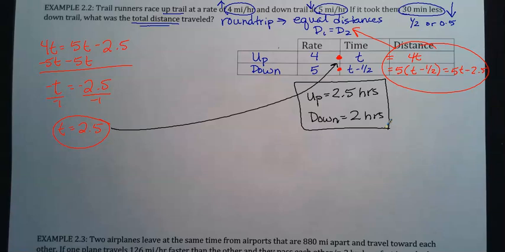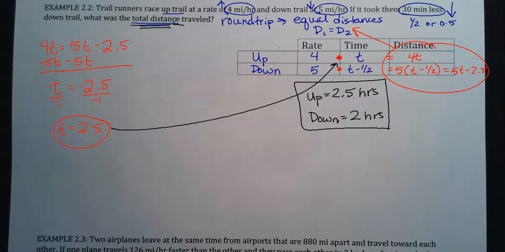All right, so did we answer our question? Wait, the question says, what is the total distance? It didn't even ask us anything about time. So did we waste all of our efforts? No, we did not.